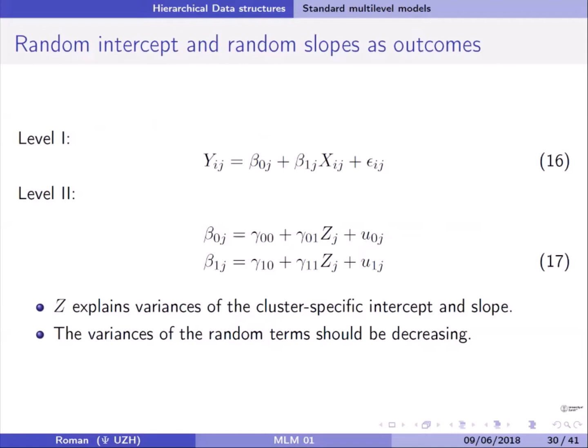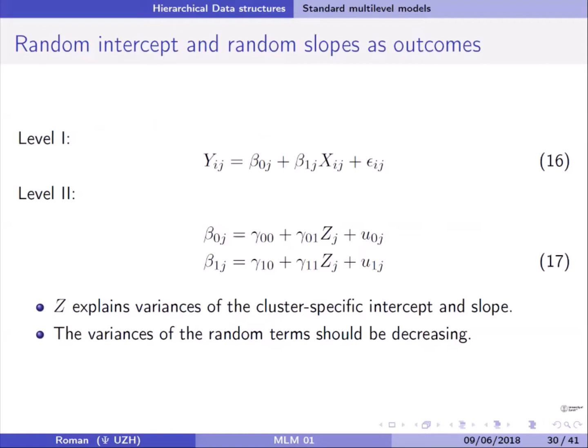So now let's take a look at a little bit more of a fleshed out equation. Now, instead of just accounting for variances of clusters, we actually want to explain variance at the cluster-specific level, either in an intercept or a slope. The variance of the random term should then decrease.